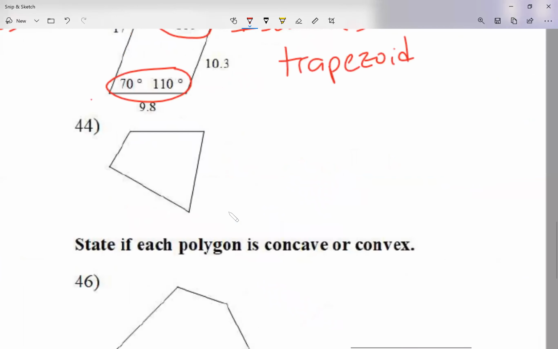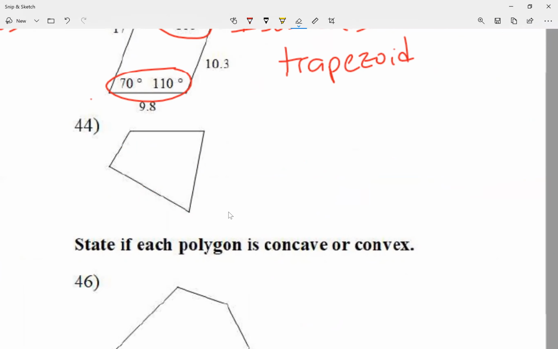And looking at question number 44, it kind of looks like a kite, kind of, but in order for this to be a kite, for me to know, for example, these two sides have to be marked, these two sides have to be equal, but in order for me to say they are equal, they have to be marked to begin with, and they're not.